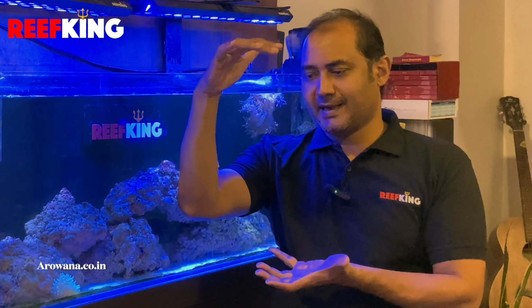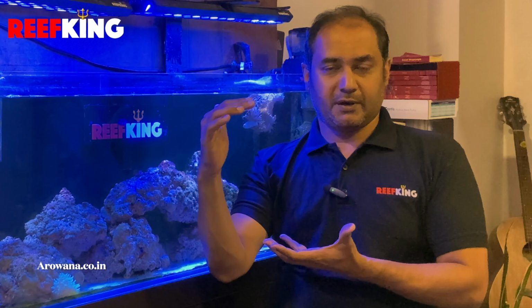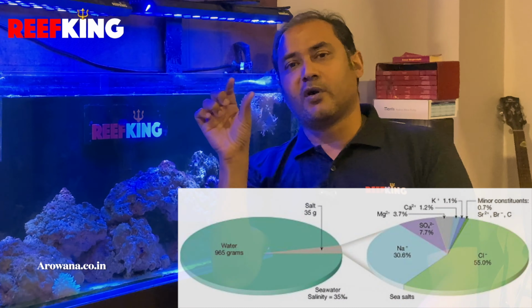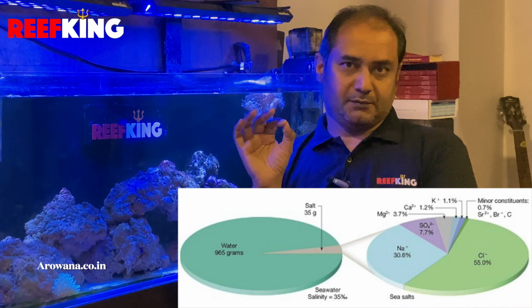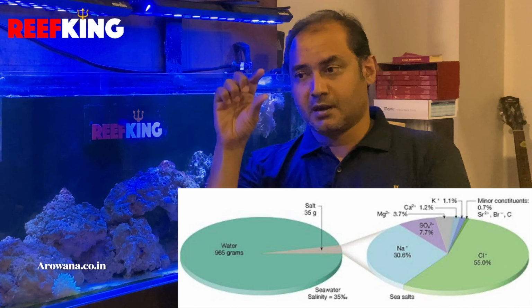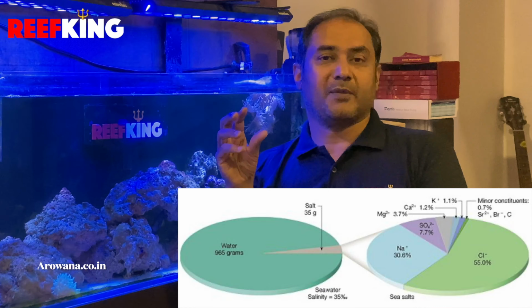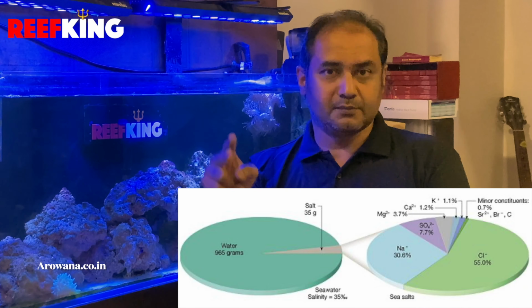If I take 1 kg, mind you, 1 kg of seawater, right? Essentially, it is 96.5% water, which is H2O. 3.5% is the other elements, which we call as salt.